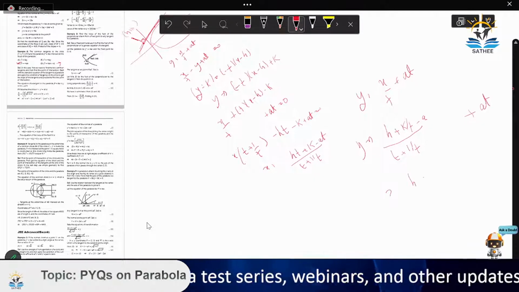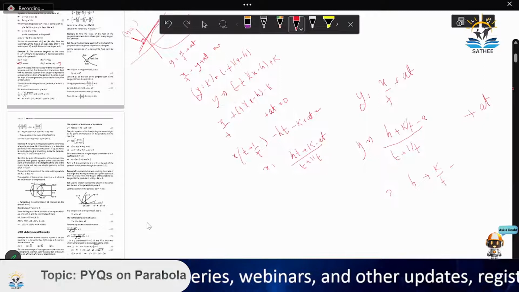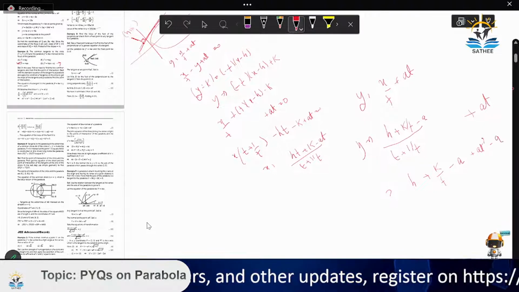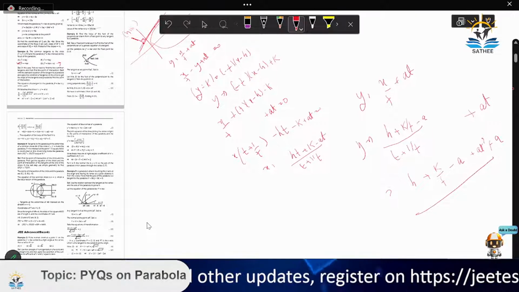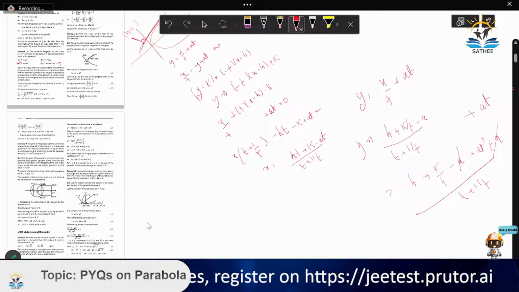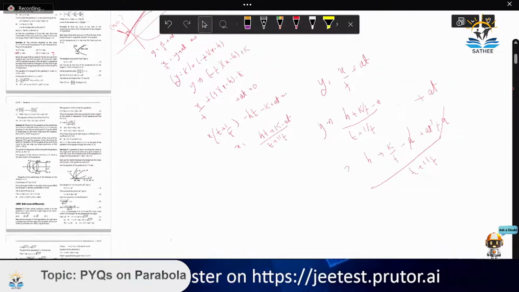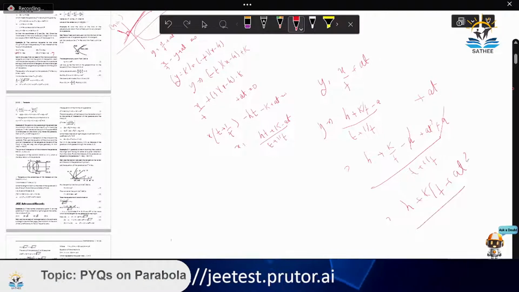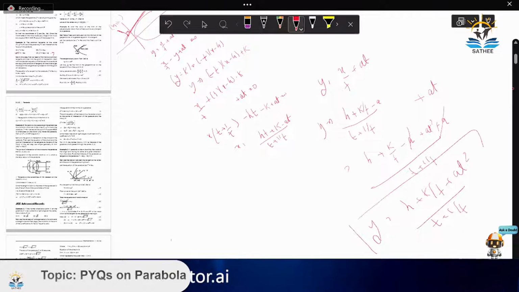So this is h plus k by t minus a plus at square minus a, or plus a by t plus 1 by t. So this and this is cancelled. I am left with h plus k by t plus at square over t plus 1 by t is my y.